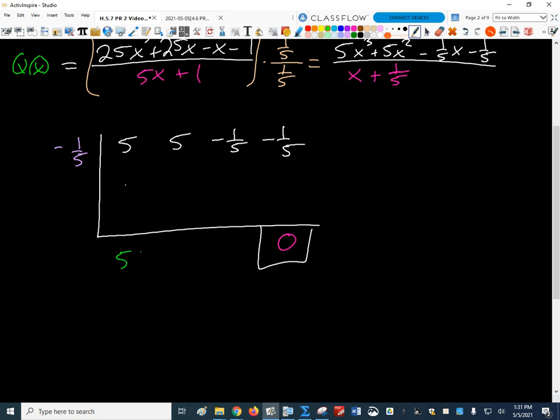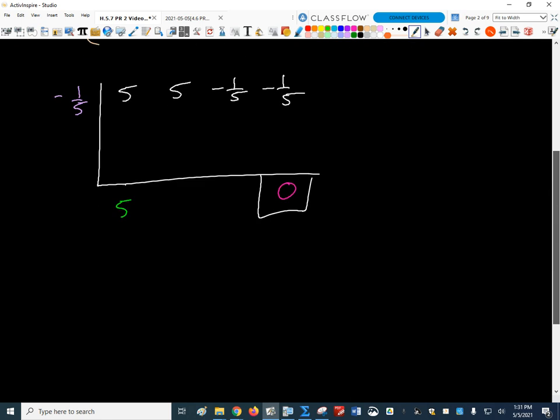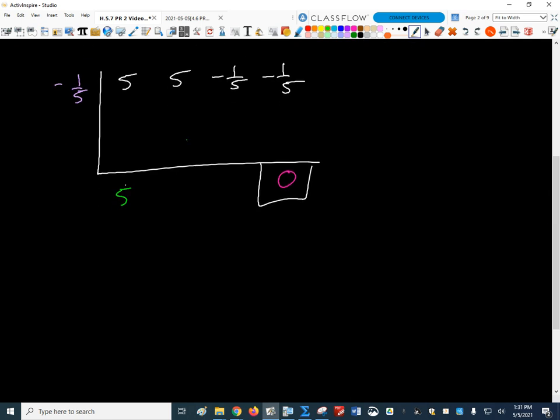So I bring down the 5. Now what? What goes here? Okay, 5 times negative 1/5 is negative 1. So then here I get, okay, remember I'm adding, aren't I? So what goes here? What's negative 1/5 plus negative 4/5? Negative 1, good.